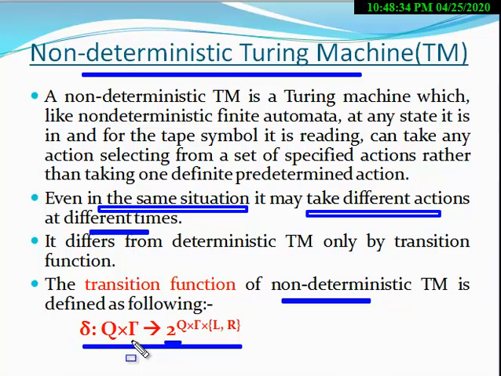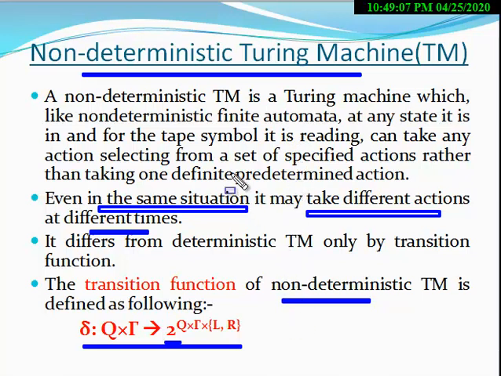So the machine may take different actions at different times corresponding to the same configuration. So the transition function of the non-deterministic Turing machine is defined like this. The remaining 6 parameters are the same as a deterministic Turing machine, only differing by the transition function, right? Clear? Non-deterministic Turing machine is defined like this.